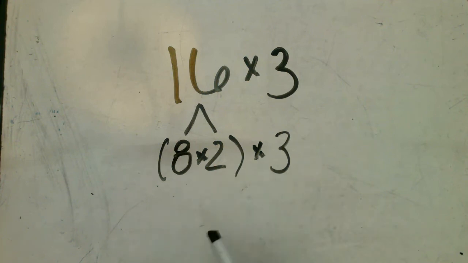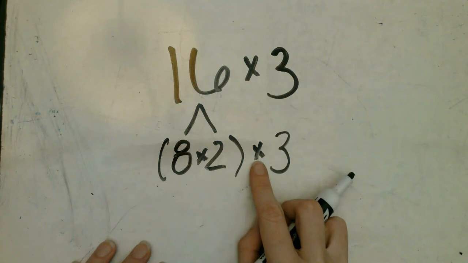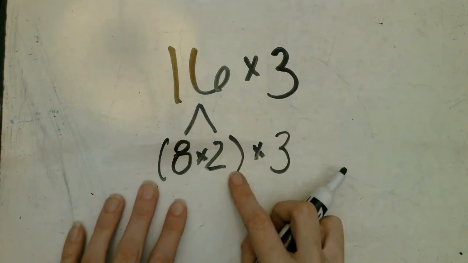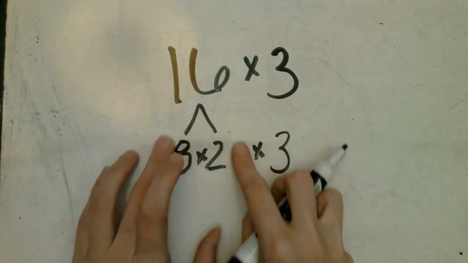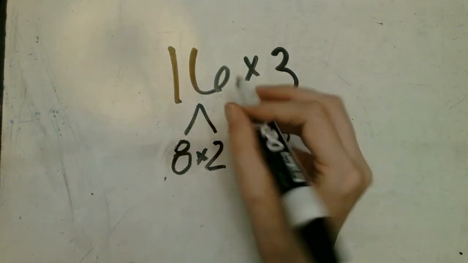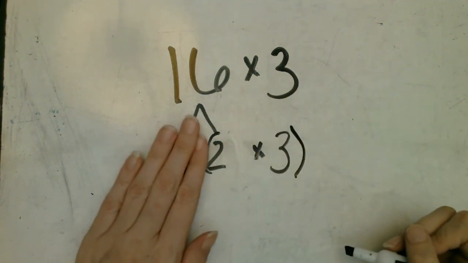If we look inside here, I see multiplication and multiplication. Let's see if we move our parentheses instead of doing 8 times 2 first. Let's do 2 times 3 first.